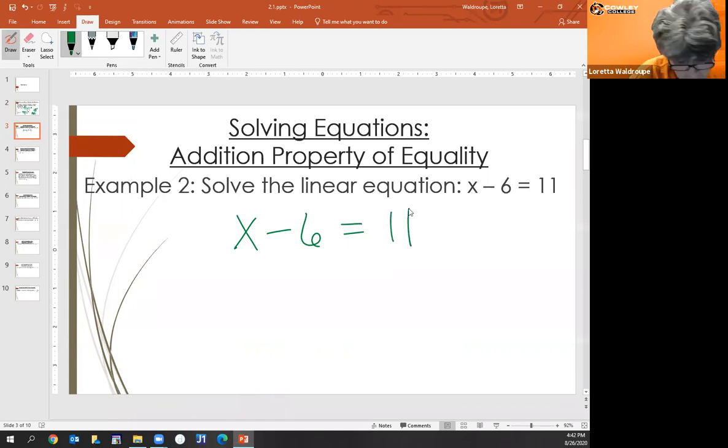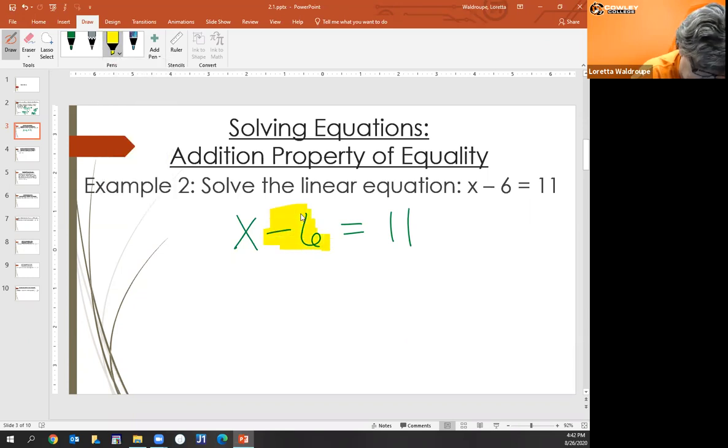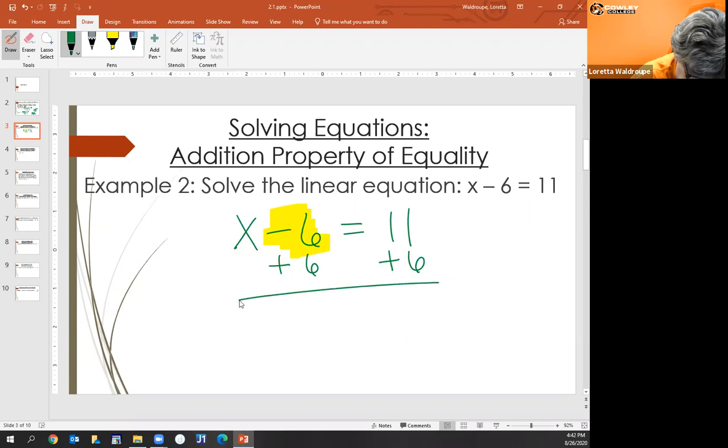So on the left-hand side, I have a -6 with the x. To move it to the other side, I do the opposite of what's done to it. Since it's a -6, I'm going to add 6 to both sides. My -6 and 6 cancels, and I'm left with x equals 17.